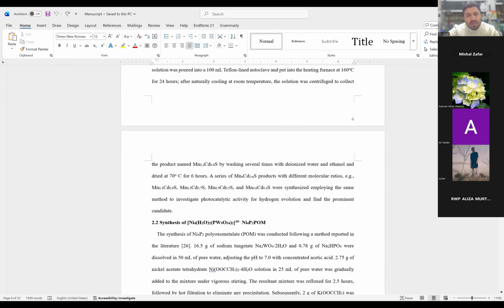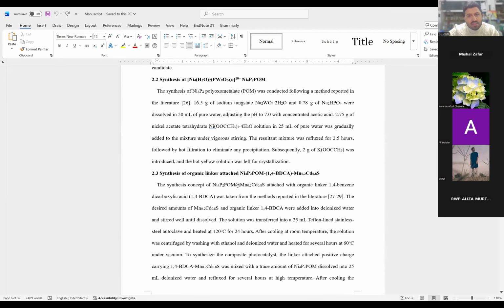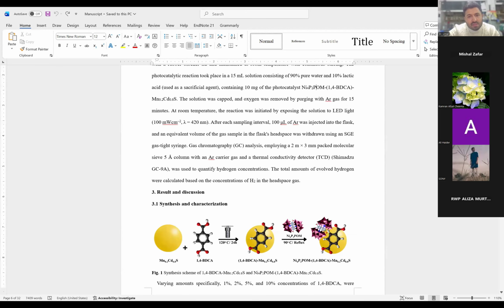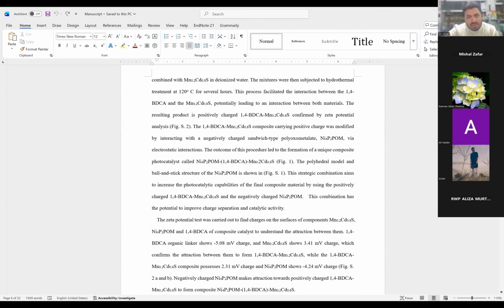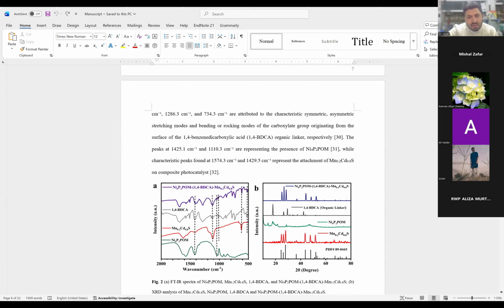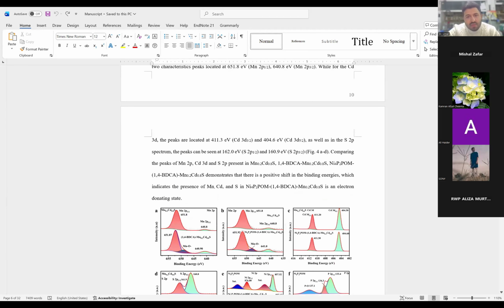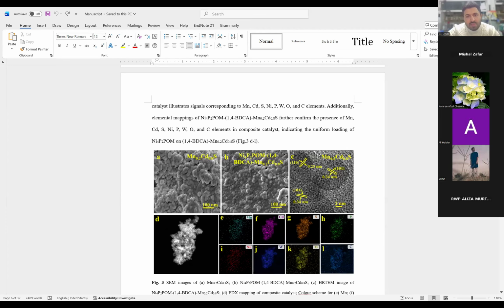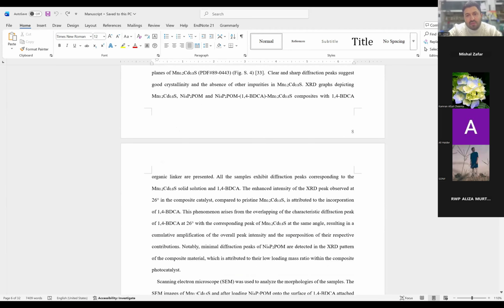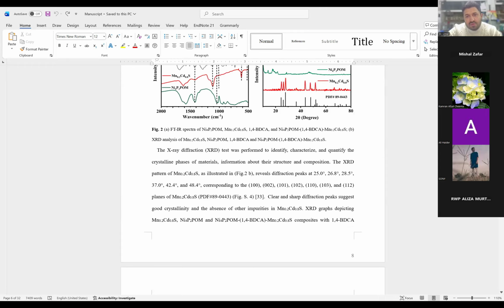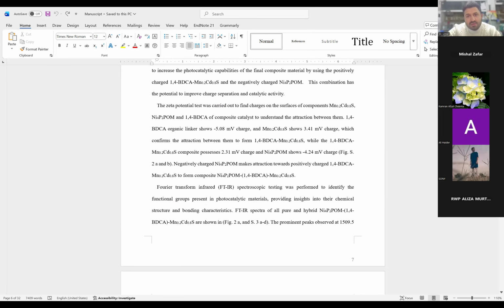And the main part, the heart of the research paper, is the results and discussions. Results and discussions and the conclusions will be our last two sessions. It is the main and important thing that we have to learn, how to write it and how to explain it.